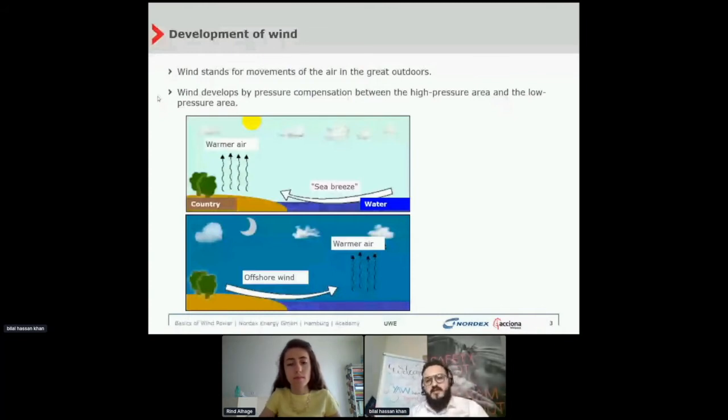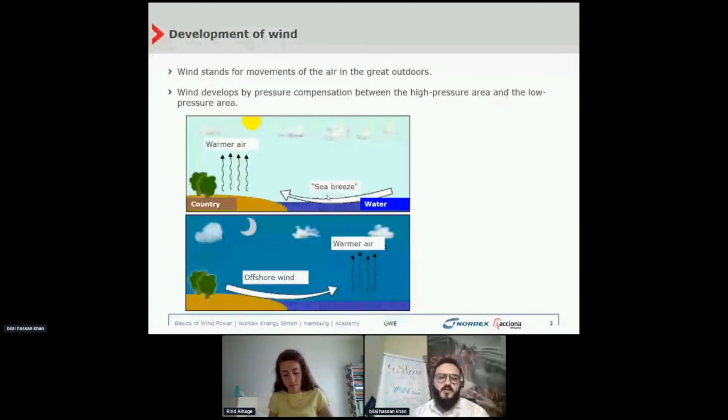When one area is high pressure and the second is low pressure, as you can see on my screen, we have the land, the countryside, and on the other side is the water. Land has different thermal properties than water. Land can get hotter quicker than the water, and it can also cool down earlier than the water.